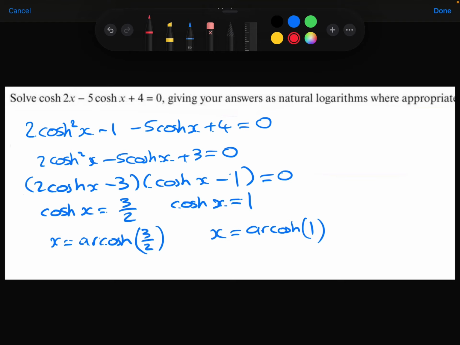Remember that the r cosh formula from last lesson was ln of x plus the square root of x squared minus 1. So substituting 3/2 into that, we'll get ln of 3/2 plus the square root of 3/2 squared minus 1, which is going to simplify to be root 5/2.